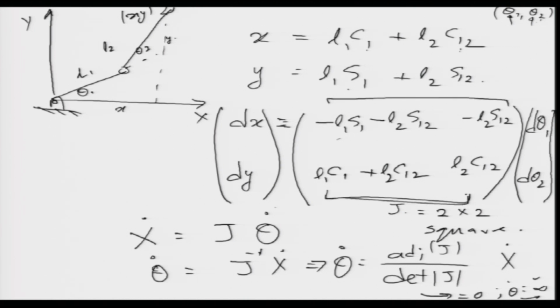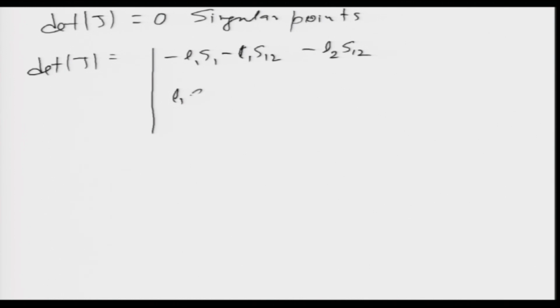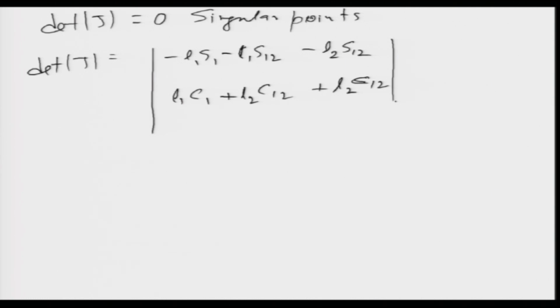Let us write it again: the determinant of J is the determinant of the matrix with entries minus L1 sin θ1 minus L2 sin(θ1+θ2), minus L2 sin(θ1+θ2), and in the second row L1 cos θ1 plus L2 cos(θ1+θ2), and L2 cos(θ1+θ2). This is the same matrix as before, just written here again. Now, I want the determinant of this.